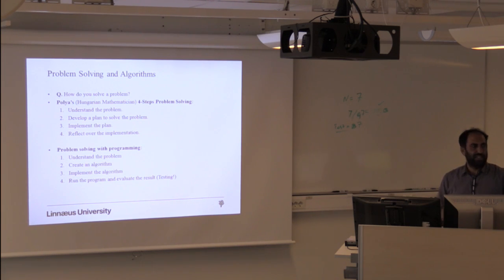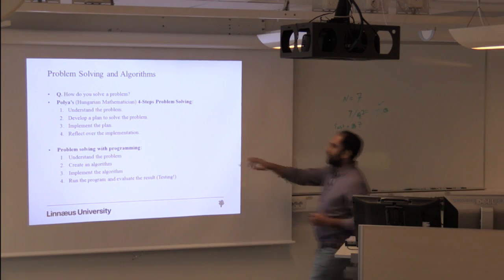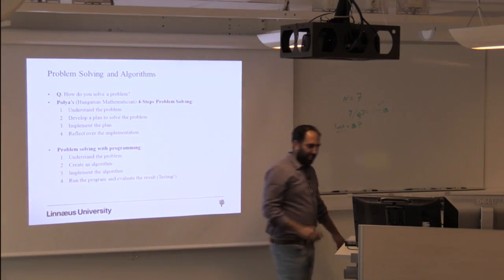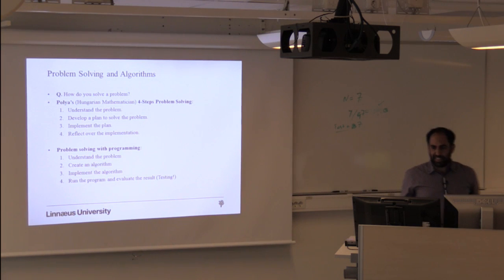After you have implemented it, it could be that you have solved the problem, or it could be that your implementation was not successful. In that case, you can look back and think: maybe you misunderstood the problem, or from here you can go back to this step, or this step. It depends on what kind of results you get after the implementation.